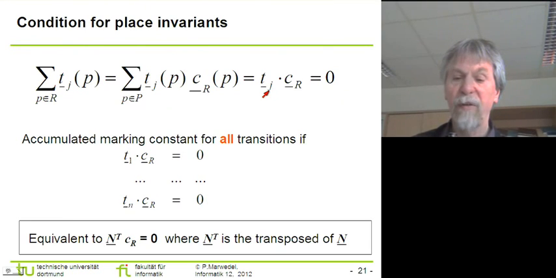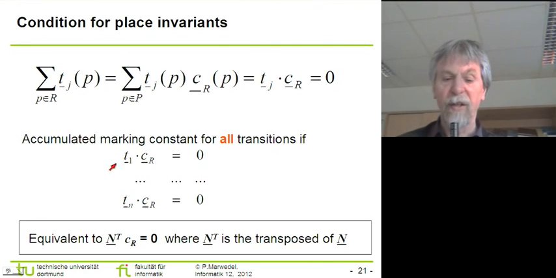In general, however, we are interested in subsets of the set of places such that for all transitions we will not be changing the total number of tokens. If we are interested in such subsets R, we have to consider all the different transitions, and this is what I did at this part of the slide. We are now requiring this scalar product to be 0 for all the different transitions that we have in our net model.